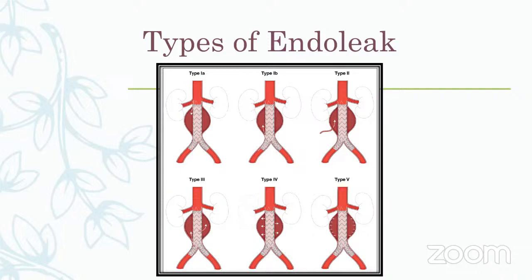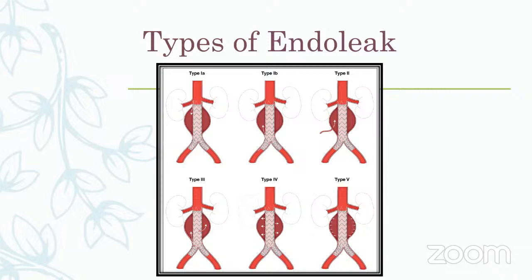Type 2 endoleak involves a backfilling of the aneurysmal sac through branch vessels of the aorta. Type 3 endoleak includes a graft defect or component misalignment, so there is a defect inside the graft. Type 4 endoleak is a leak through the graft fabric as a result of graft porosity, and it is often resolved with the cessation of anticoagulation.